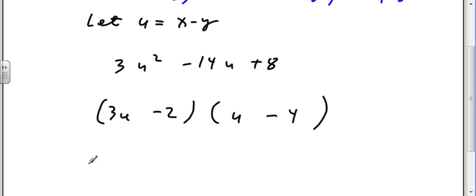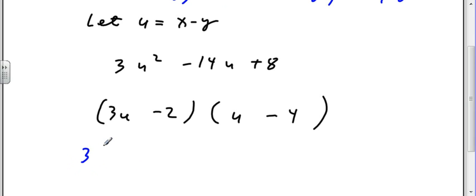So that factoring works. Now I'm going to unsubstitute. So I've got 3 x minus y. What am I doing? I don't know what I'm doing. It's hard to say.